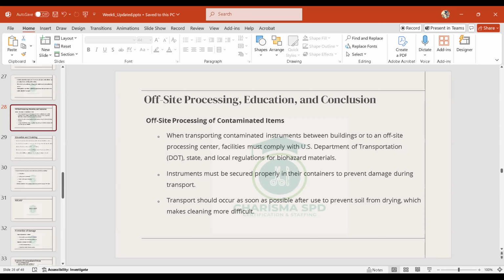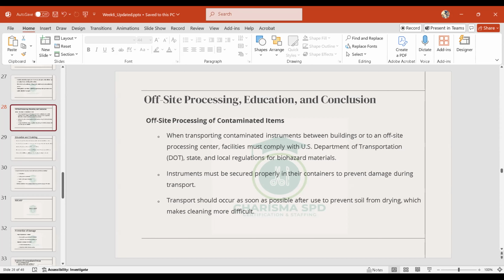Now, it will tell you that when the regulations are in conflict, the state law or requirement supersedes that of the federal, right? So the van that is transporting the contaminated instruments from one facility must be designed to transport medical instruments.